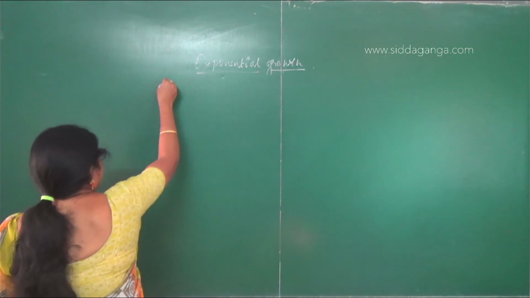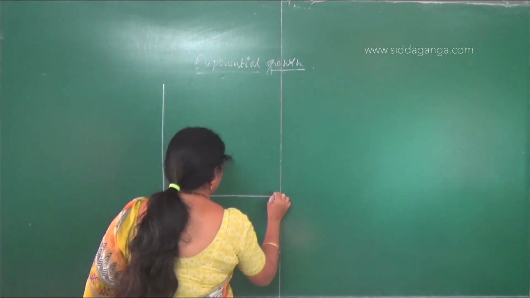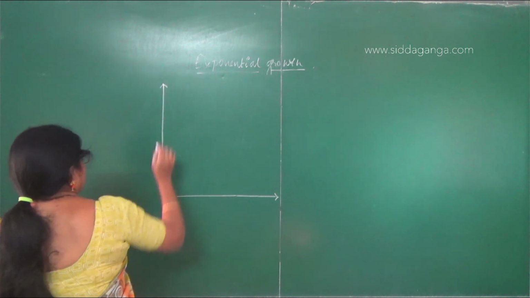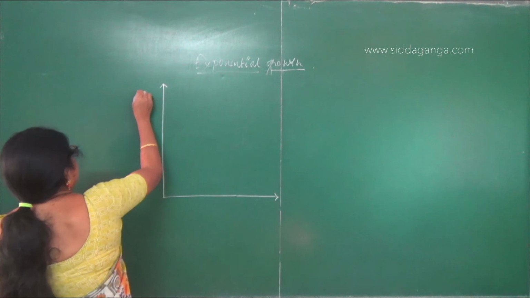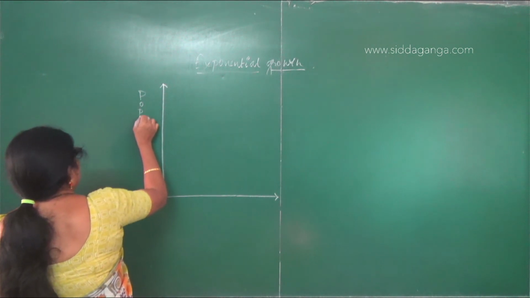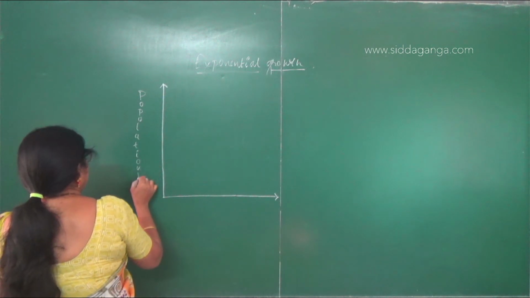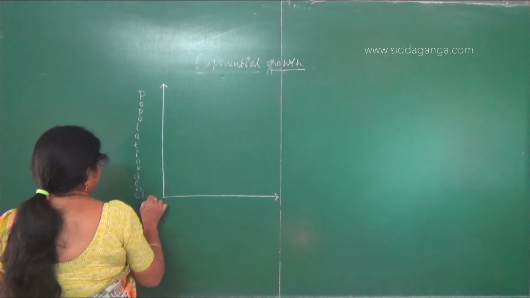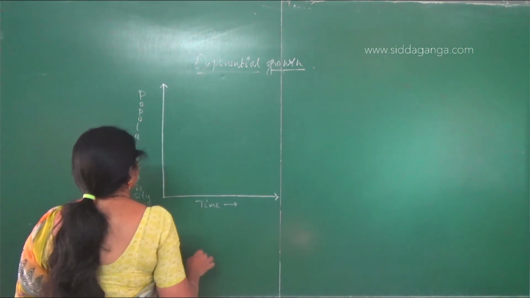Writing a graphical representation for the exponential growth curve, this is the population density on the y-axis and time on the x-axis.